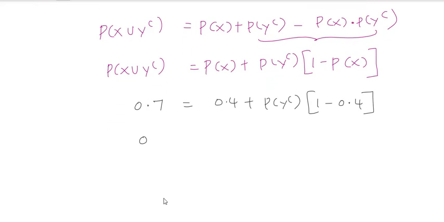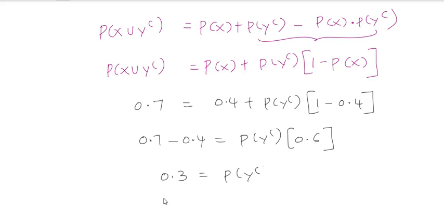So just simplify it, it's a mathematical thing. 0.7 equals 0.4 plus this term, so I can bring the 0.4 to this side. So 0.7 minus 0.4 equals the probability of Y complement times 1 minus 0.4, which is 0.6. 0.7 minus 0.4 is 0.3, which equals the probability of Y complement times 0.6.